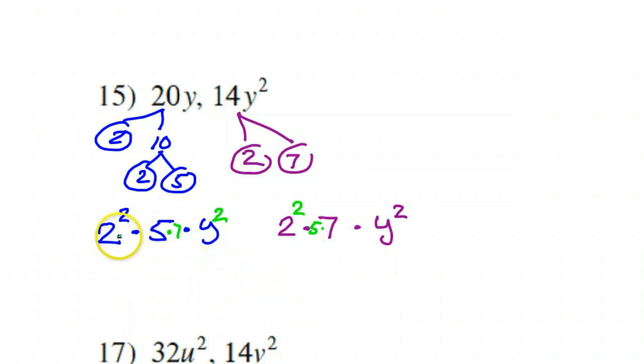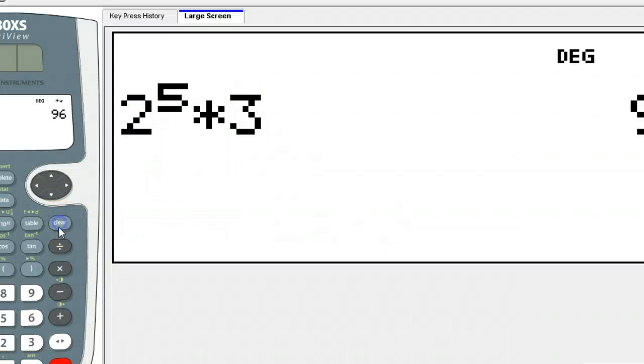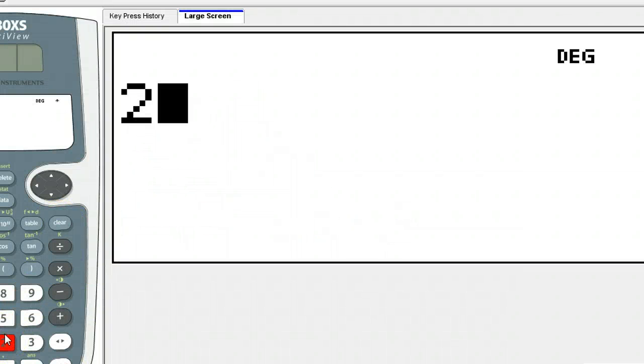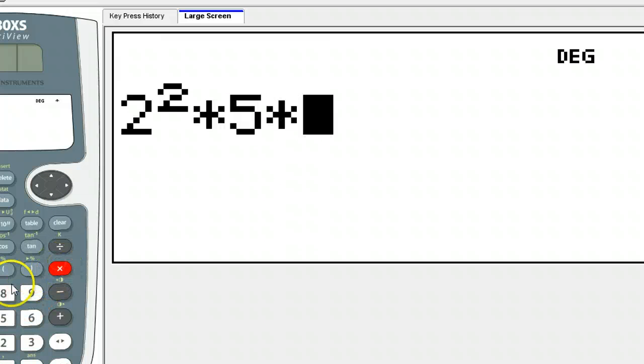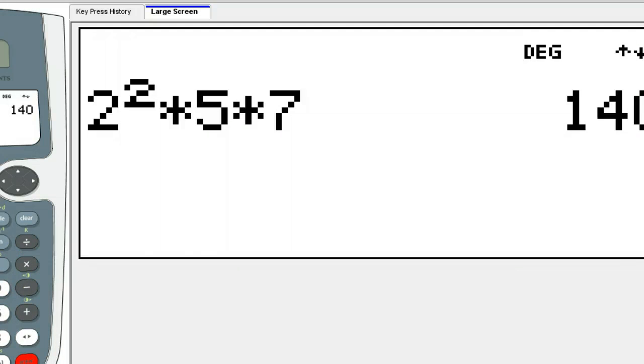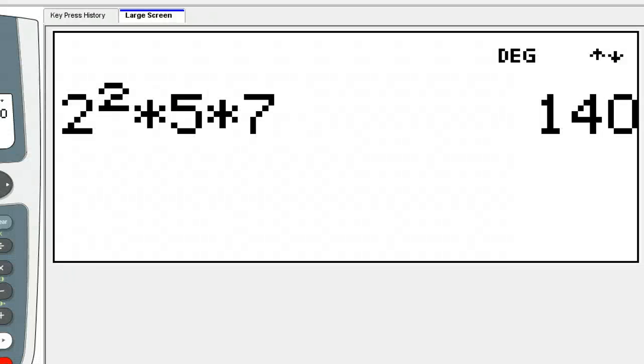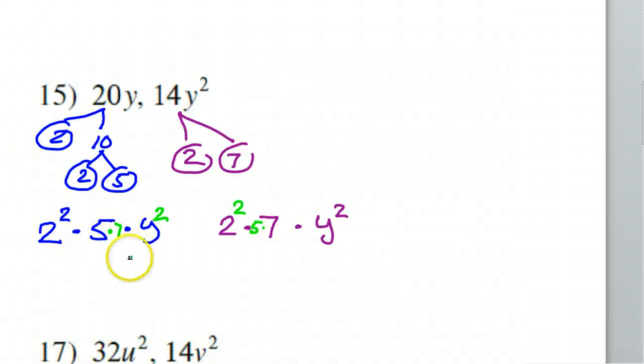So 2 squared times 5 times 7, you could probably do that in your head if you think about it hard enough. 2 squared times 5 times 7 is 140. So the least common multiple is 140 y squared.